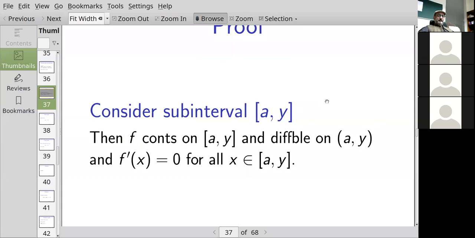So what is the notation for x? The last one says for all x, including a and b. No, this should be the open interval. That's a misprint, right? Yeah. I'll try and correct the notes.